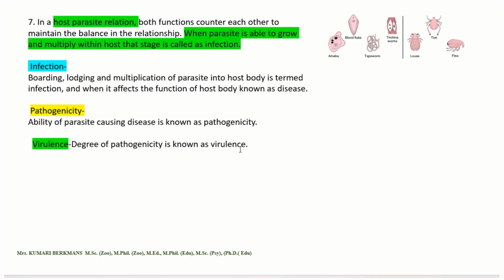Degree in the sense, sometimes it is susceptible to less virulence. For example, if fever lasts for 1 or 2 days, the degree of pathogenicity is less. If it is for 1 week, it is somewhat higher. If it is continuously for 2 or more weeks, the degree of virulence is very, very high.